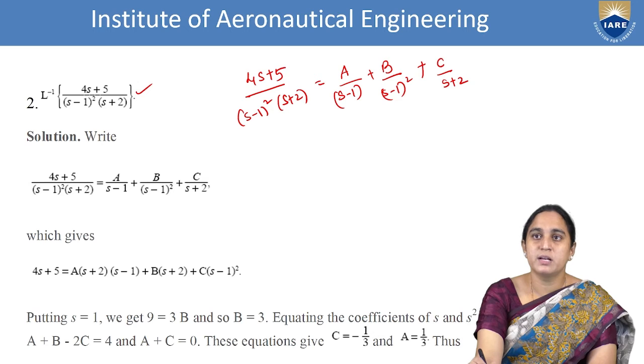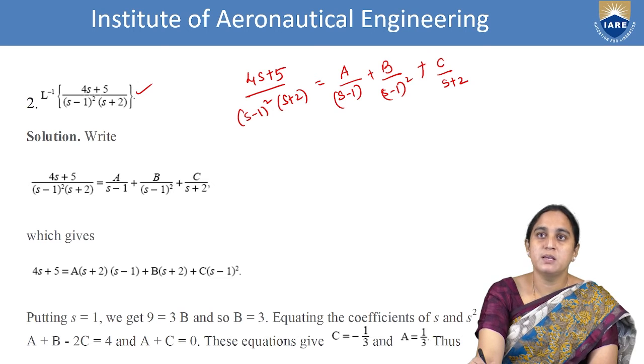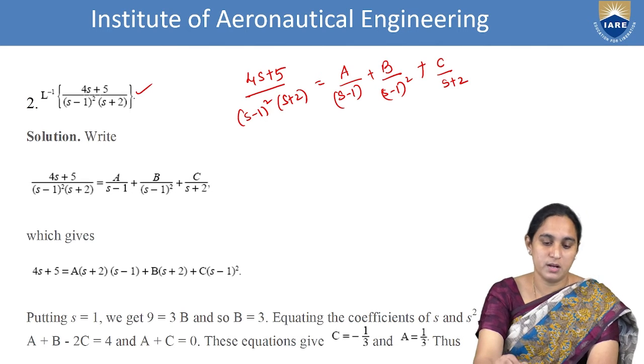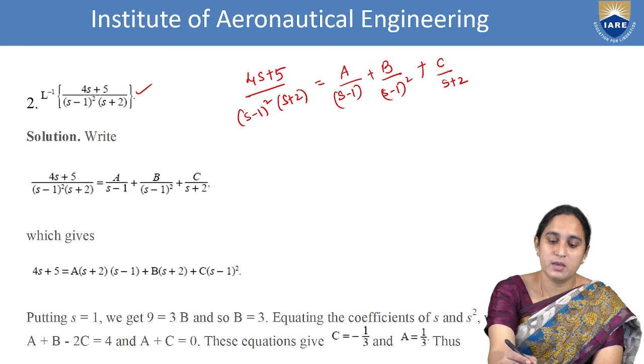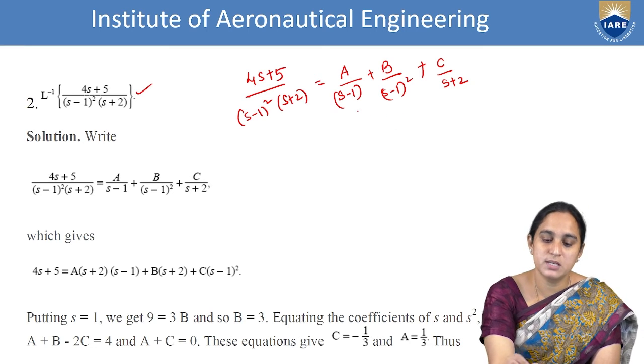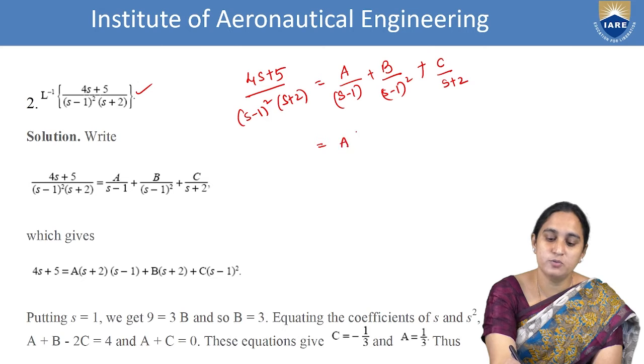Okay, now I'm taking the LCM on both sides. Here the LCM for the RHS part is s minus 1 whole square into s plus 2.